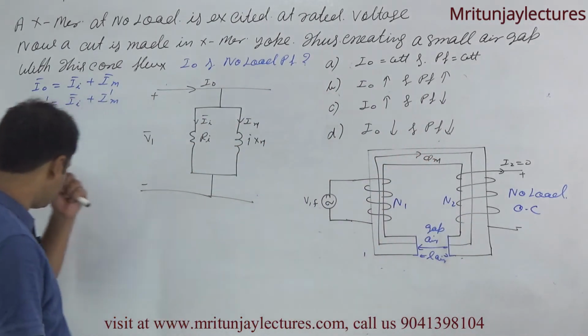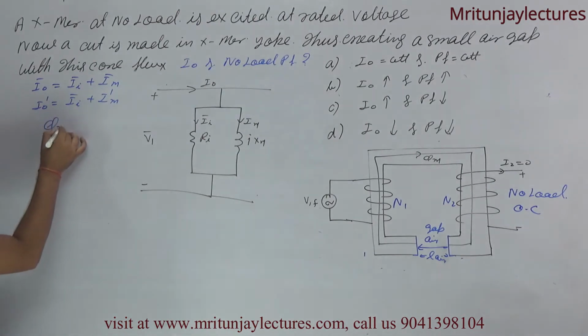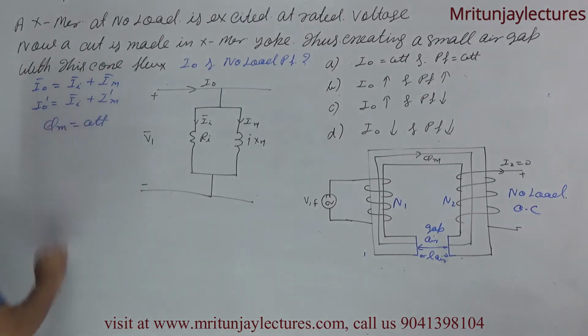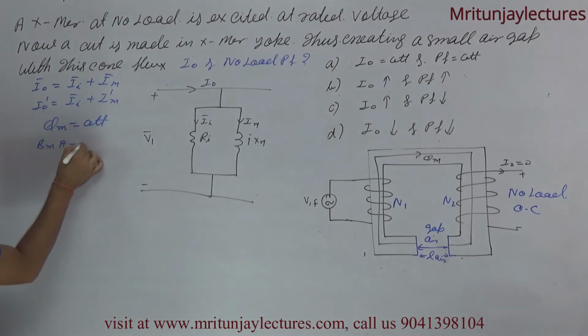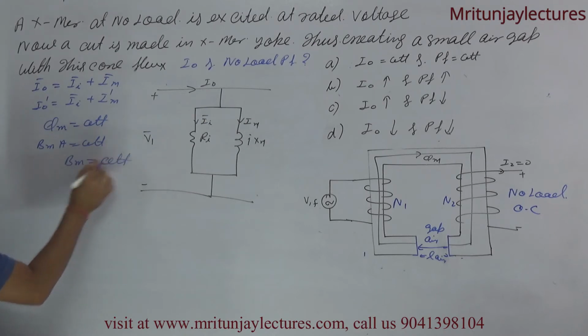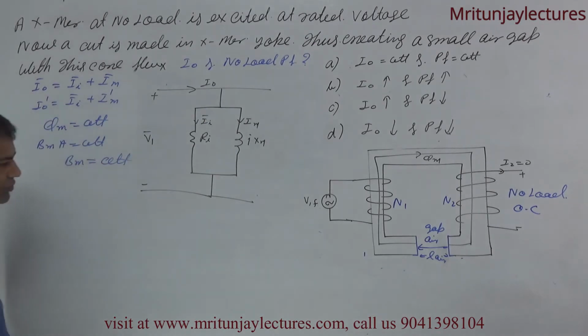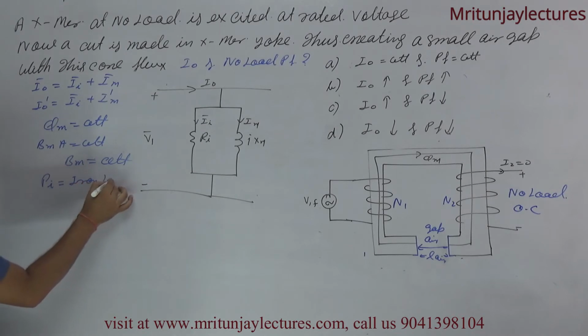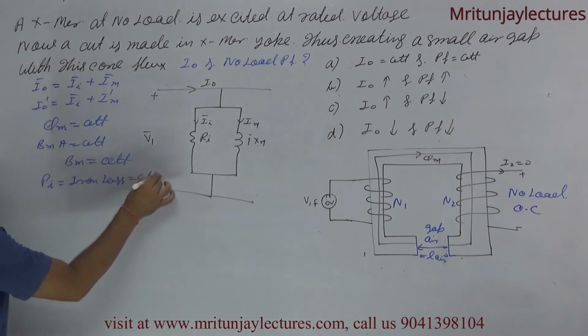Here phi m is constant, meaning Bm into A is also constant, so Bm is constant. If this is constant and f is also constant, then you can say that the iron loss Pi is constant. Clear?